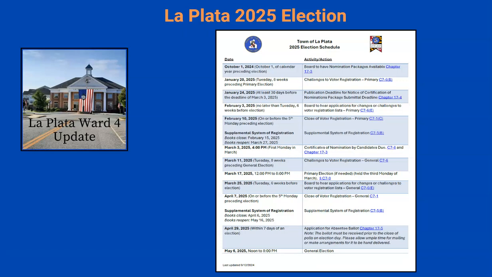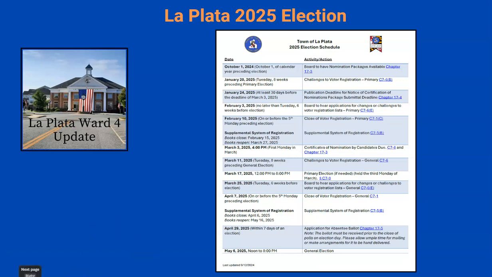You vote at the town hall between 12 p.m. and 8 p.m. Then the actual town election for all candidates for town council and mayor is on May the 6th, 2025, again from 12 noon to 8 p.m. that same night. So that gives you a brief schedule.